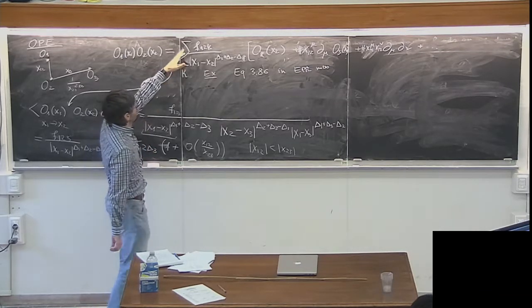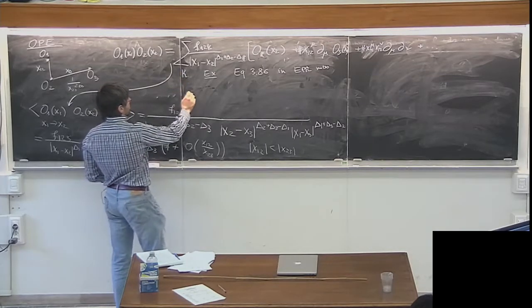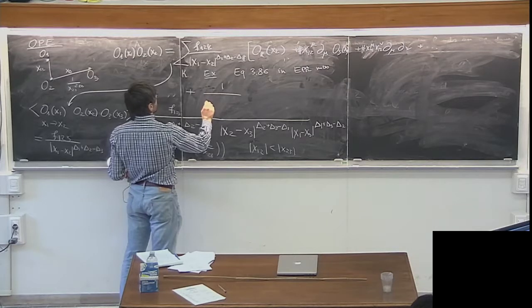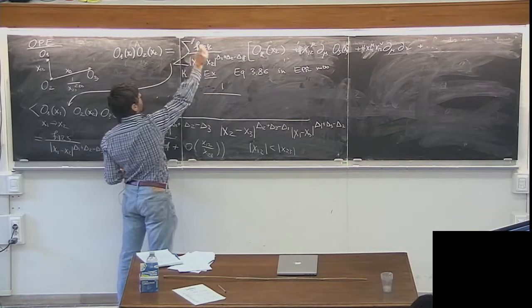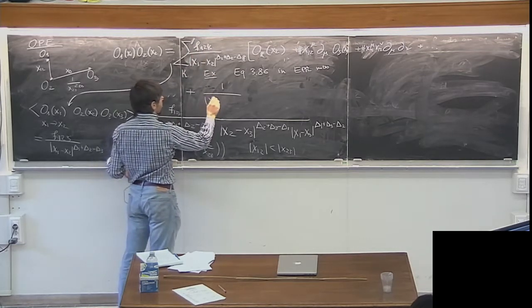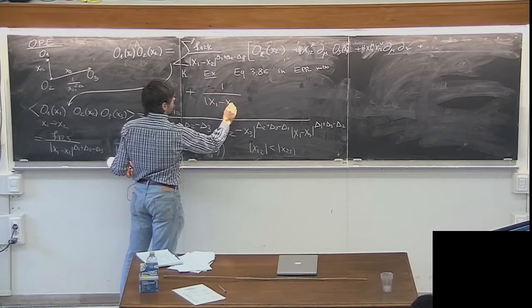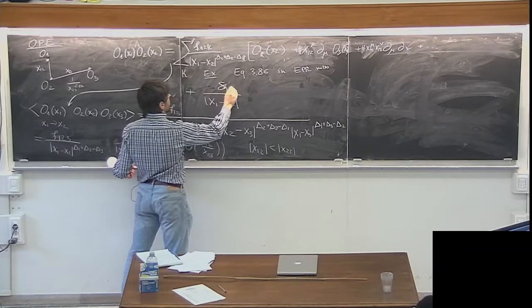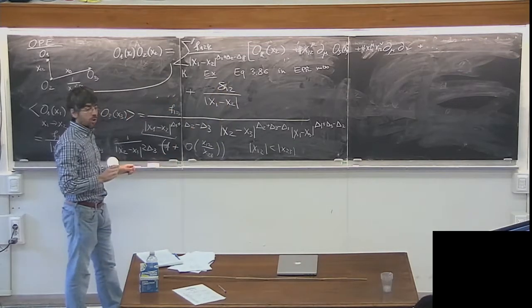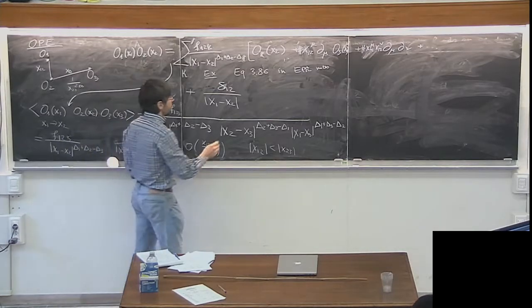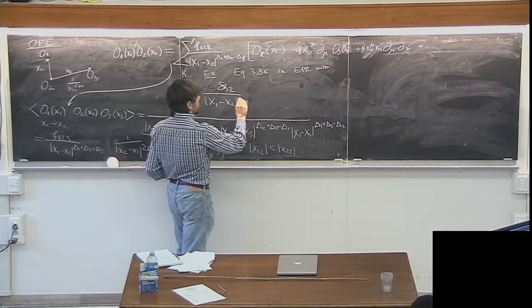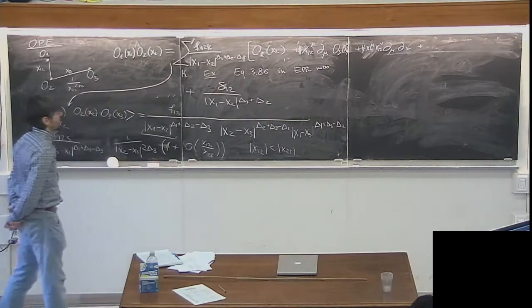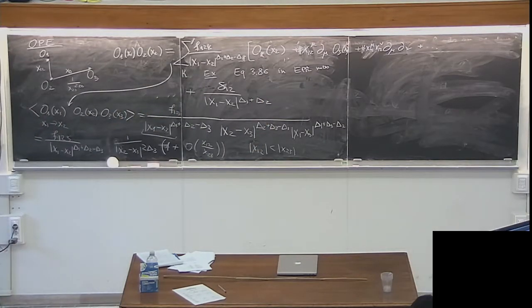Let me write it separately: plus 1 over, where here I sum over all terms except for the unit operator. There is one term which is there only if the operators 1 and 2 coincide, delta 1 2, and it is, of course, 1 over x1 minus x2 to the delta 1 plus delta 2.